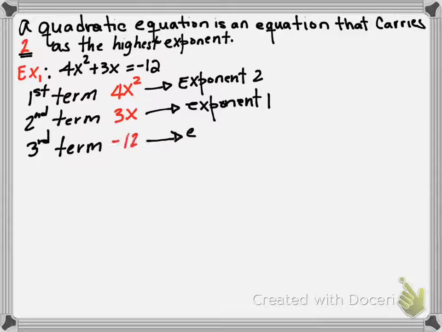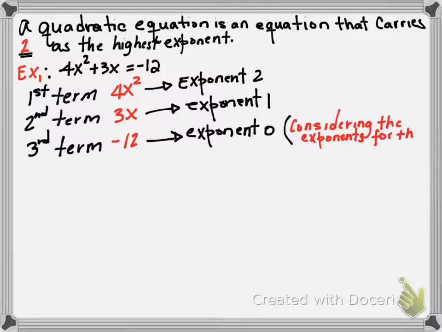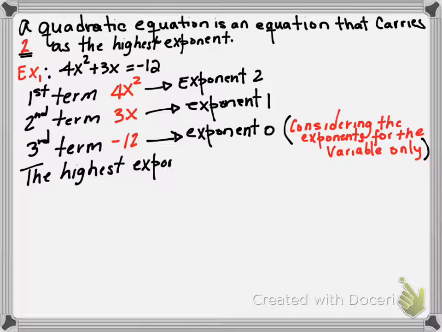The third term we have is negative 12. The exponent is 0, considering the exponent for the variable. Now, ladies and gentlemen, the highest exponent we have here is 2, which means that 4x squared plus 3x equals negative 12 is a quadratic. Okay? All right.